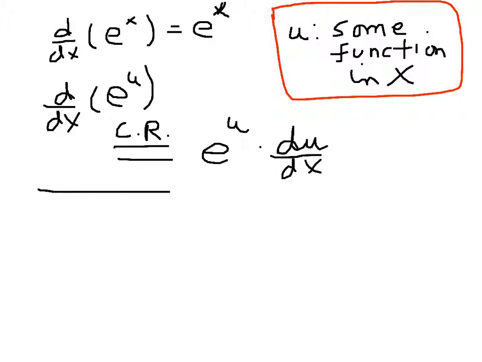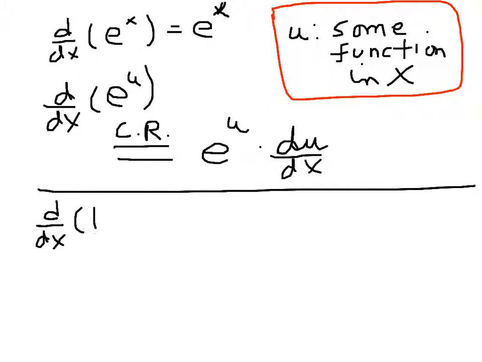That's pretty simple. So now, how about if we look at a more general case? Suppose we want to take the derivative with respect to x of b to the x, and this is where b has to be greater than 0 and not equal to 1.